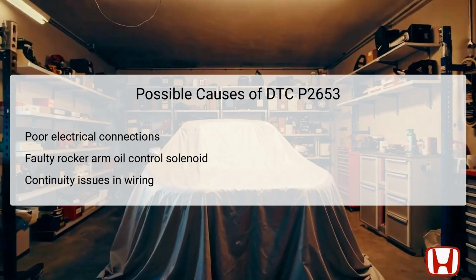Additionally, there could be continuity issues within the wiring that connects the solenoid to the PCM. Each of these possible causes must be methodically checked to pinpoint the exact issue. Ensuring secure connections and verifying the integrity of the wiring is crucial for a successful diagnostic outcome.